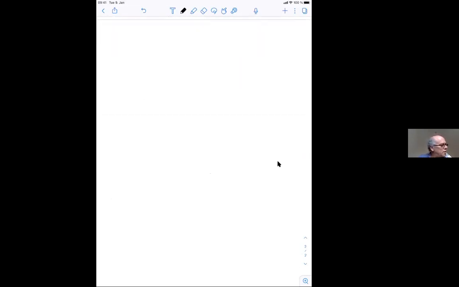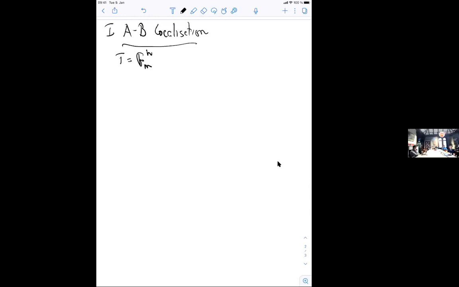So first of all, classical Atiyah-Bott localization. Let T be our torus, so multiplicative group to the n, and let's take the simplest case.